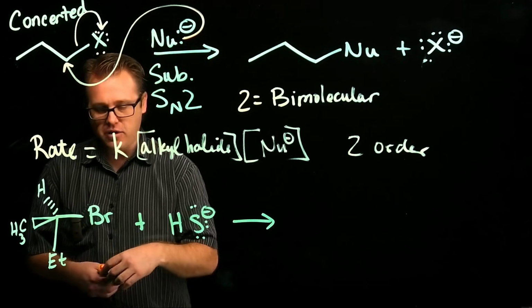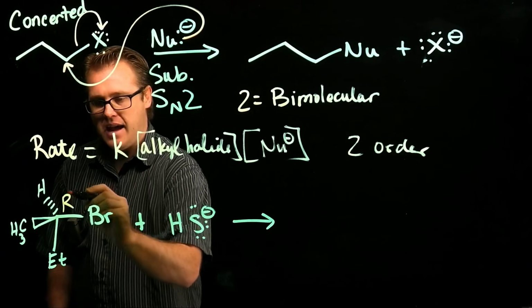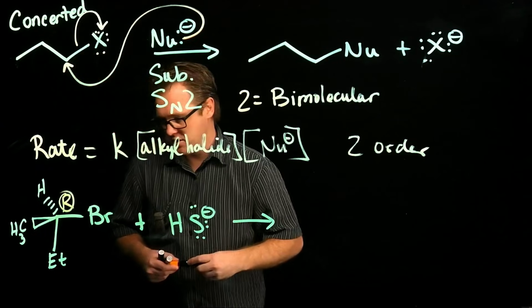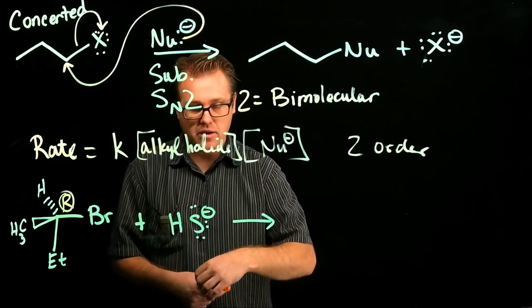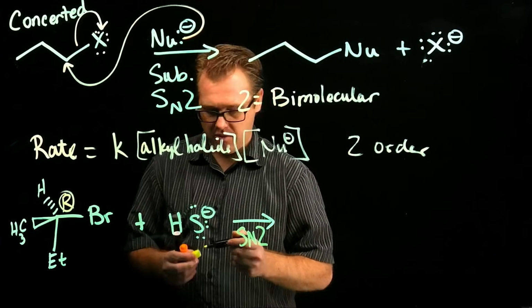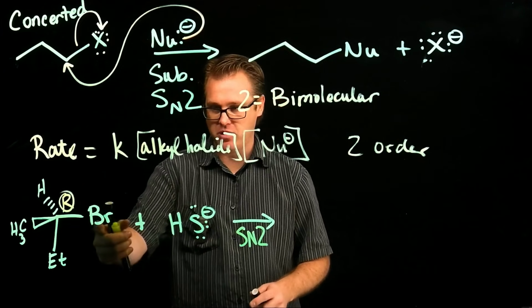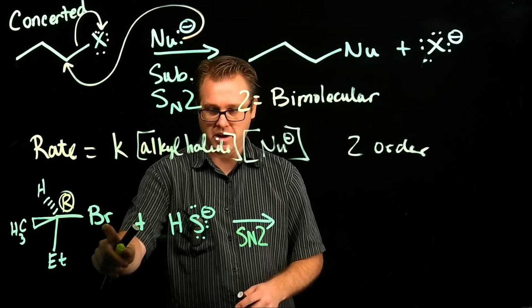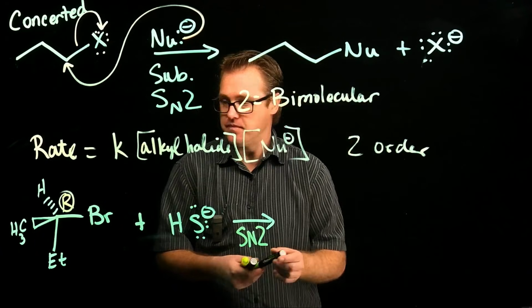Now, what is the configuration of that stereocenter? You will see that it has a R configuration. Now, when we do this SN2 reaction, we know that means it's going to be a substitution. So we're going to replace this bromine right here. Look at how it does it.